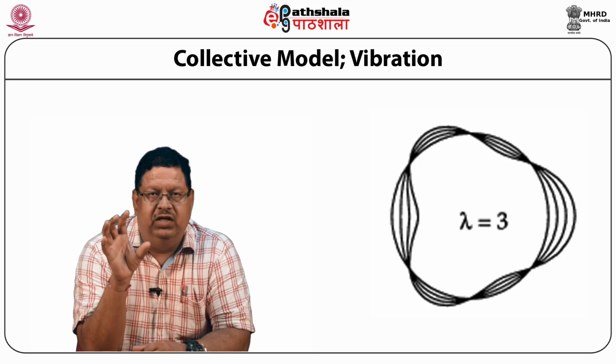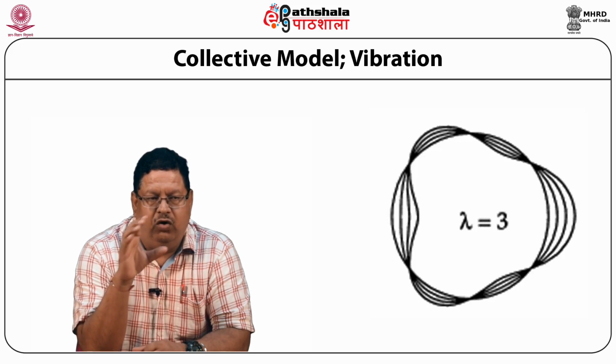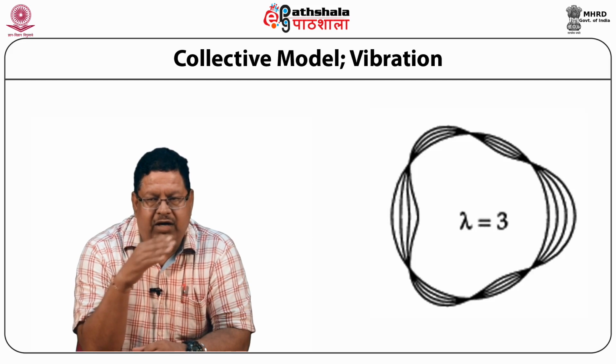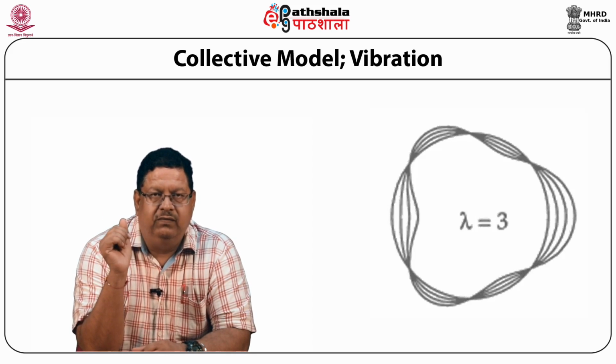So, this is the first signature that the nucleus can have octopole collectivity. Octopole modes with lambda is equal to 3, J pi is equal to 3 minus can be observed in many nuclei. It means the octopole mode of vibration, or octopole collectivity, is observed in very many nuclei across the chart of the nuclei.